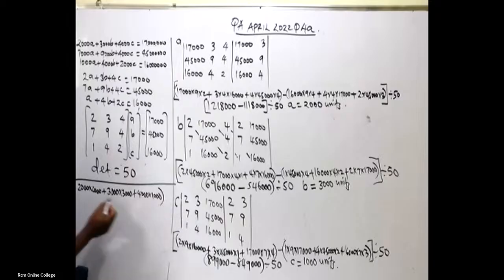When you put all this together, what are you getting? What is the result? It is giving you 17 million.